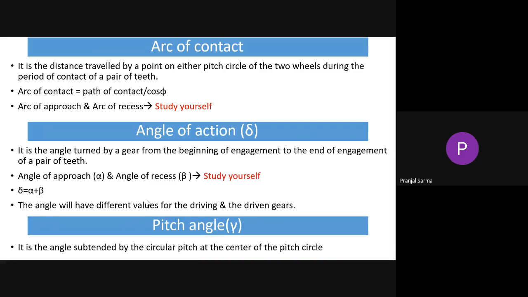Similarly, we have other terminologies like arc of contact, angle of action, pitch angle, etc. So what is arc of contact? I have already shown the animation during the path of contact. Arc of contact is the distance traveled by a point on either of the pitch circles. You can consider it from the pinion or from the driven wheel.